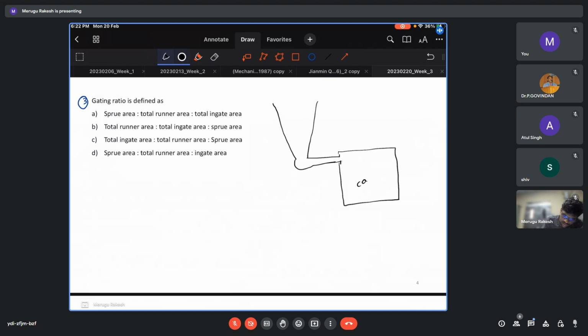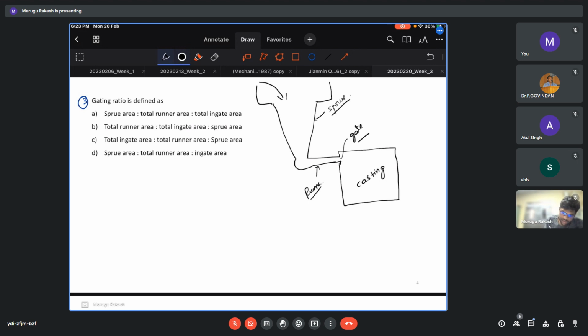Okay, this is the casting. This is the gate. This is the sprue. So we start with sprue, then runner, then gate. If you are pouring any metal inside, that is the order you follow.